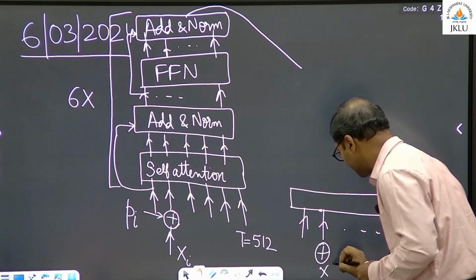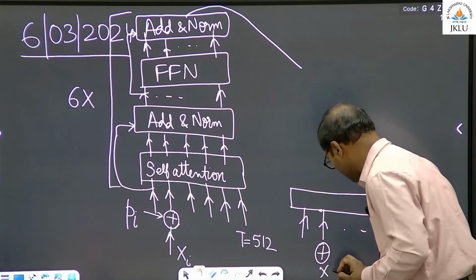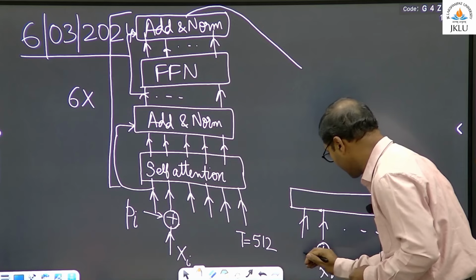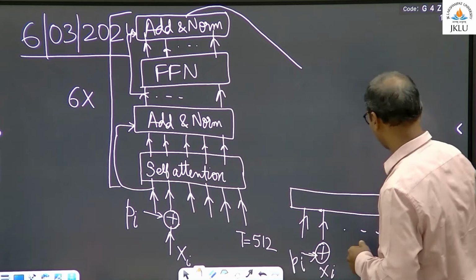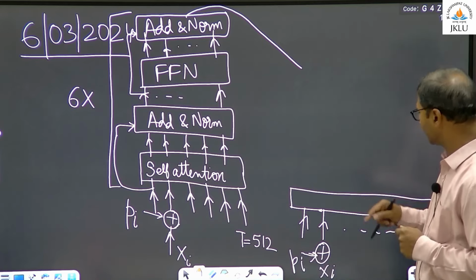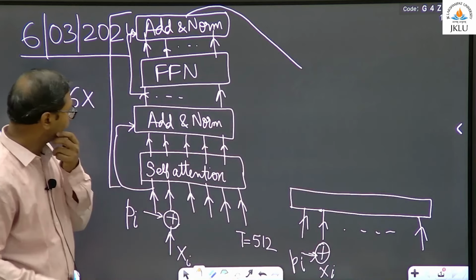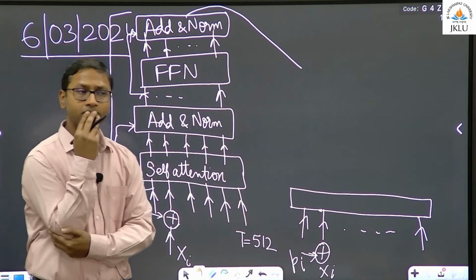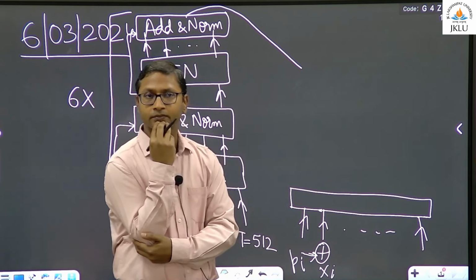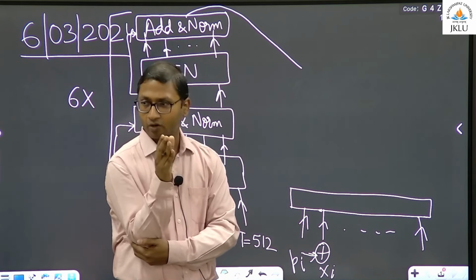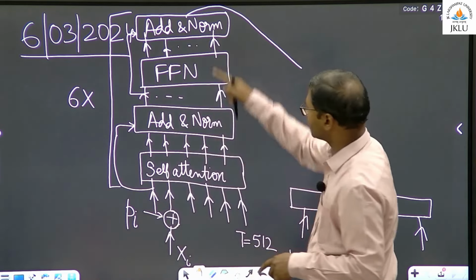You have Xi and then you are supposed to add Pi. What were you doing here? We didn't talk about the decoder yet. Okay. So anything in this part that you have not understood?